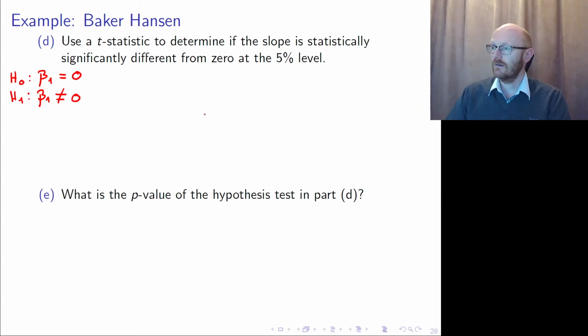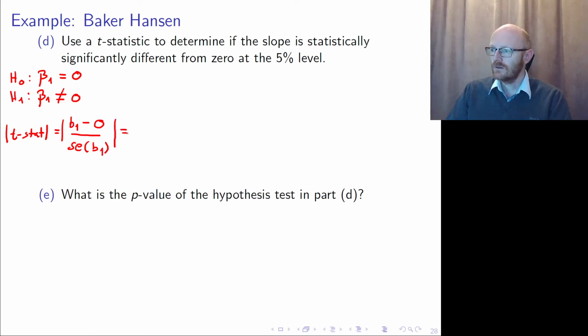And then we could look at the t-stat, the absolute value of the t-stat, because it's a two-sided test. It would be our coefficient for the slope minus the cutoff value, it's 0, divided by the standard error of the coefficient for the slope.